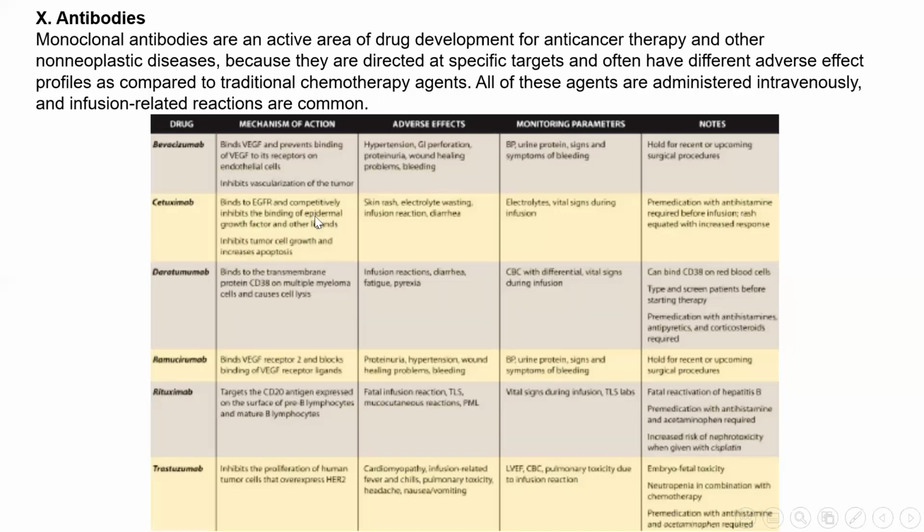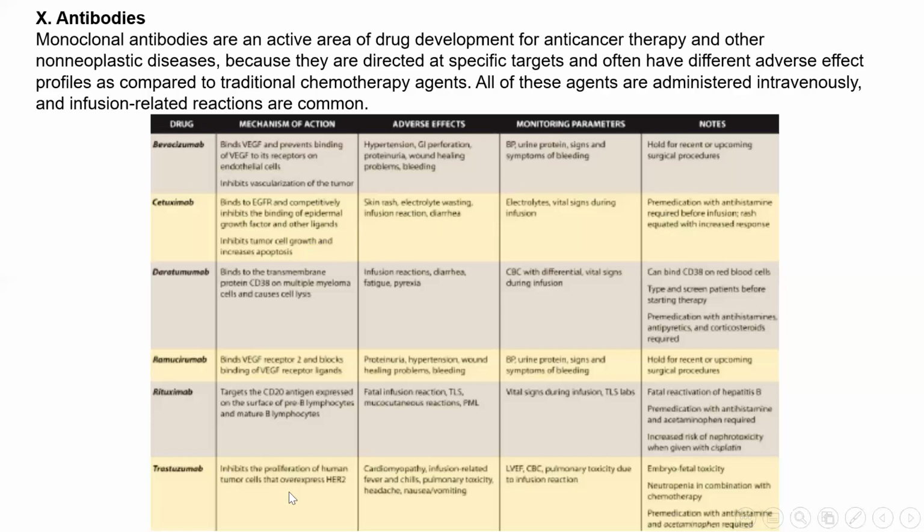So it is just a direct competitive inhibitor of epidermal growth factors, causing shrinking in the size of the tumor and inducing apoptosis in the cancer cells. And the side effects, this drug could induce acne-like rash, electrolyte wasting, infusion reaction, and finally diarrhea.